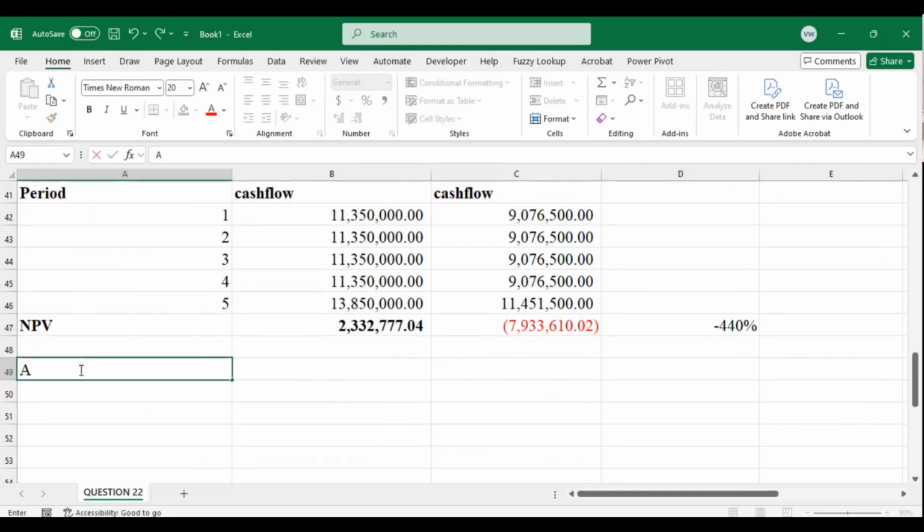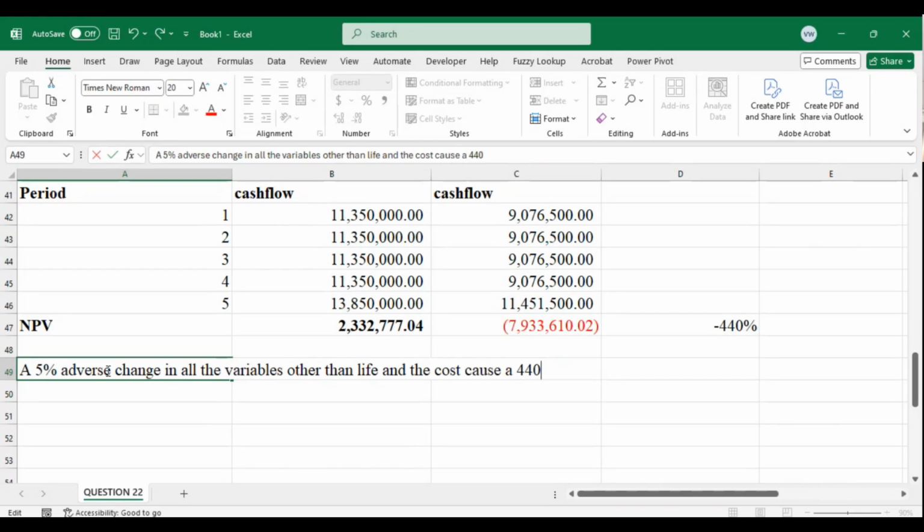This implies that a 5% adverse change in all the variables other than the life and the cost of capital causes a 440% decrease in the net present value of the project.